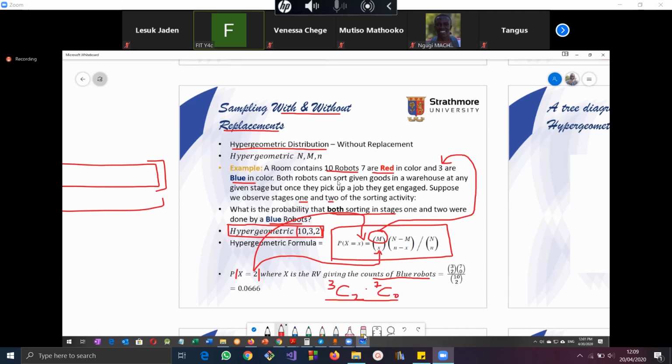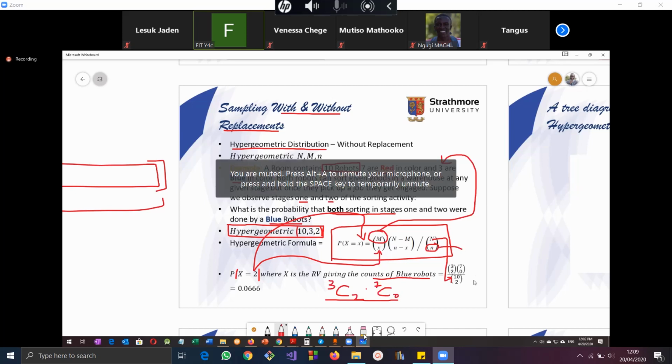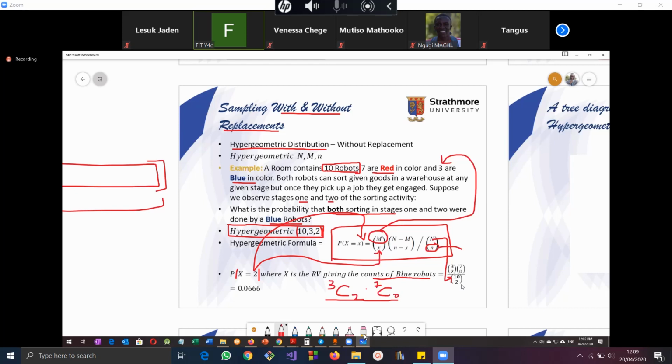So 10 is the total population of robots here, and that forms your large N. Your small n is the sample you're picking from the population. I only need to see 2 stages, so I'm just picking 2 robots. And the explanation goes on and on. So N minus M, you'll actually get a 7, etc.